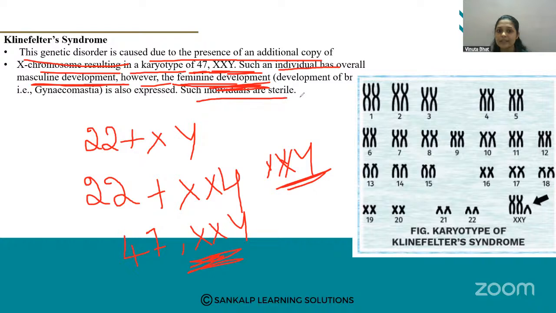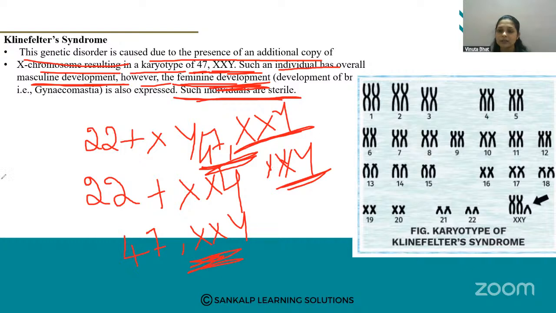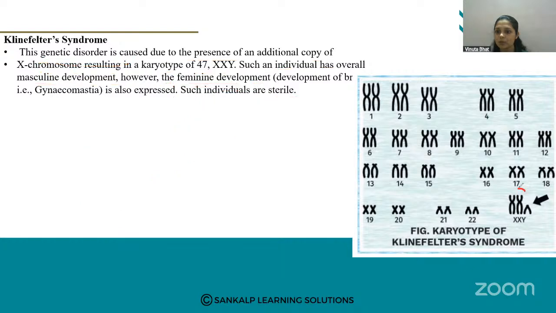Such individuals are sterile. An additional X chromosome is present, so the total number of chromosomes is 47. That is Klinefelter's syndrome. You can see here the XXY chromosomes. So what are the characteristics of this? That is very important.